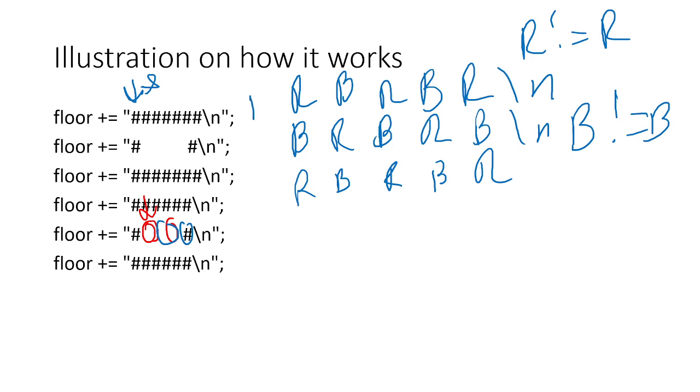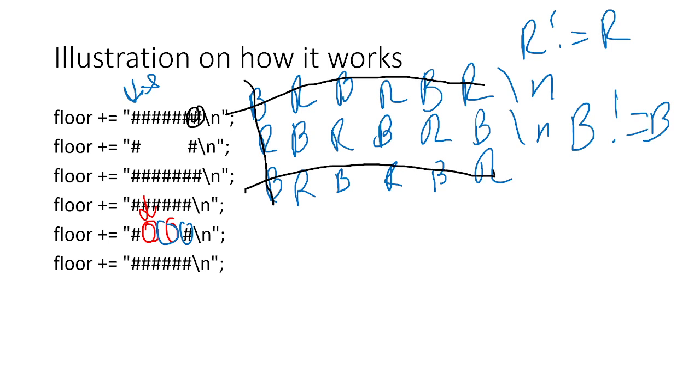Alright, I'm going to do B or B. Well, we know that everything in black is going to be a blank, so everything in black is going to be your little hashtags. And these guys, we can group them up because there's a blue, there's a red, there's a blue, there's a red. It's a fairly simple task.